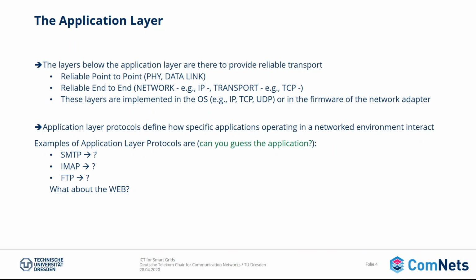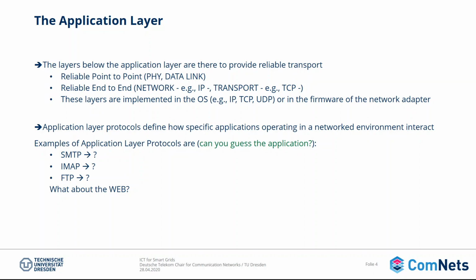So, for example, reliable point-to-point communication depends on the physical layer and the data link layer, while reliable end-to-end depends on the network layer, IP version 4, or the transport layer, as in TCP or UDP. The difference between point-to-point and end-to-end is that point-to-point means from an antenna to an antenna or from a transmitter to a receiver, while end-to-end means from a port number to a port number. So that's from machine to machine.